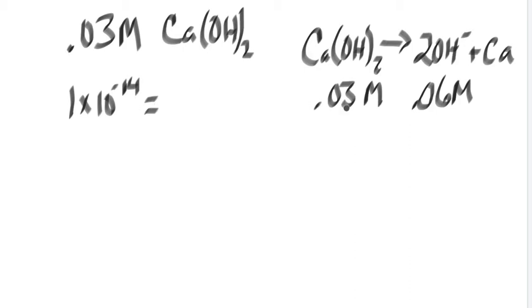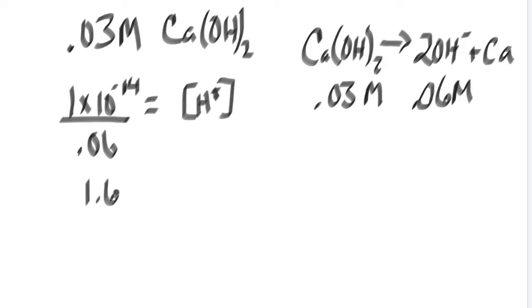So we know this one, 0.06. So divide by 0.06, that's going to equal our hydrogen ion concentration. If I punch that into the calculator, I get a concentration of 1.66 times 10 to the negative 13th.